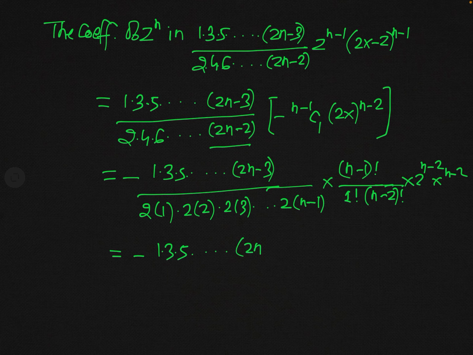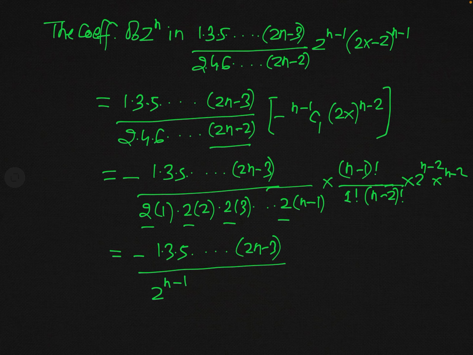So see this. This is minus 1 into 3 into 5 into so on into 2n minus 3, and divided by... Again you can see this 2 into 2 into 2 into 2, in fact these come n minus 1 times.